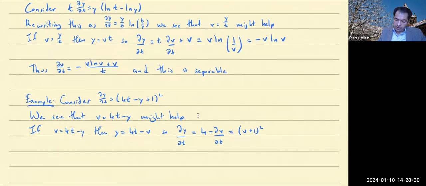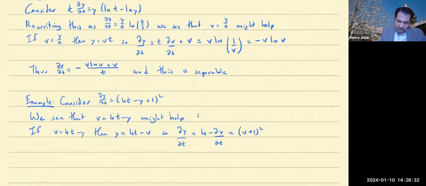So now if we solve for the derivative of v with respect to t, we see dv/dt is equal to 4 minus (v plus 1) squared, right? And this is separable. Which is great because we're really good at solving separable differential equations.